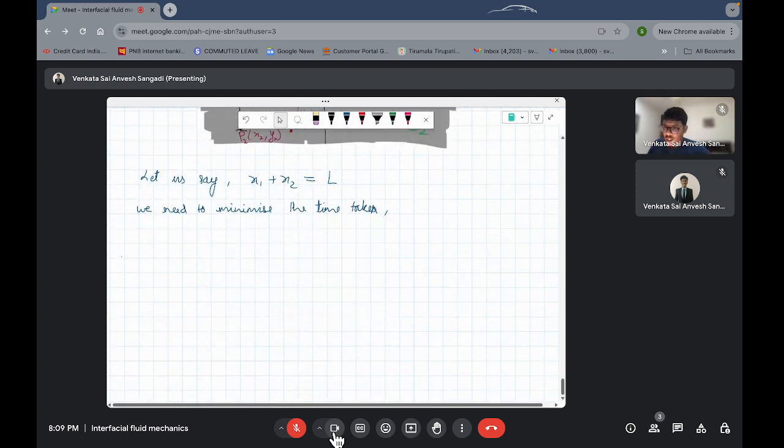So the transit time will be, let's say it's T. T is equal to R1 by c1 plus R2 by c2.